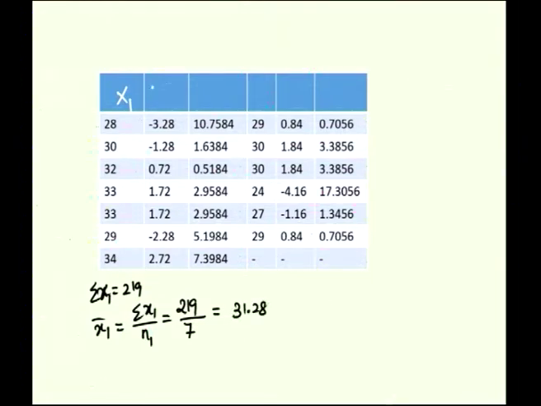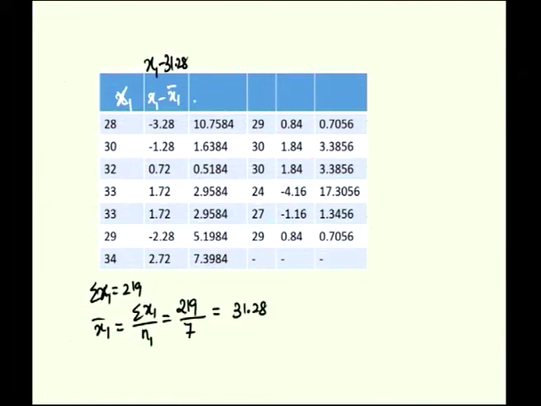So, each value is subtracted with 31.28, which is x1 minus x1 bar. So, 28 minus 31.28 gives you minus 3.28. Similarly, 30 minus 31.28 is minus 1.28. Like that, these values are calculated.